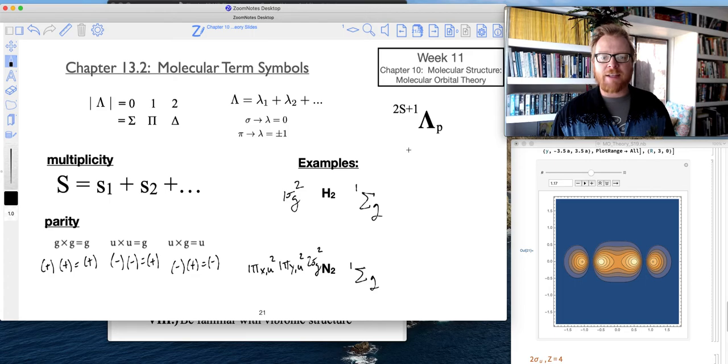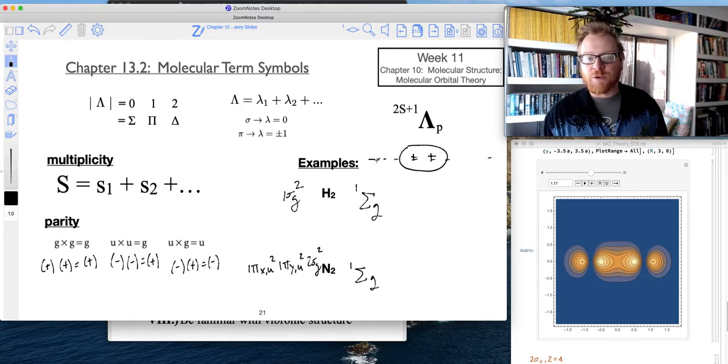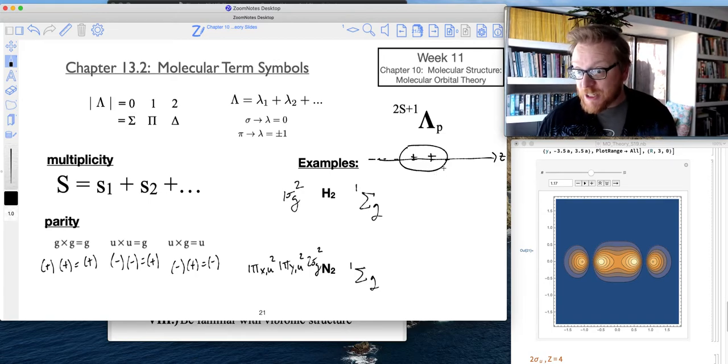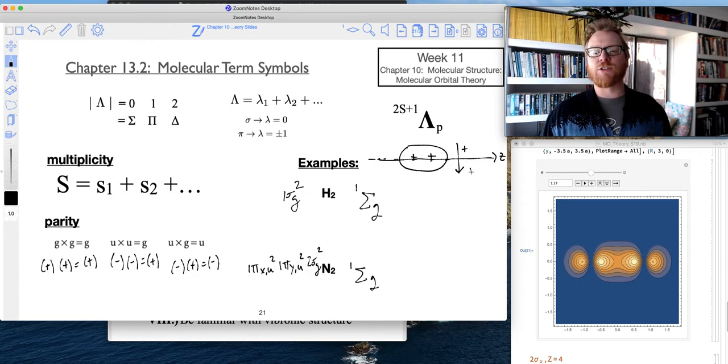So if I look at my sigma bond for H2, I'm going to just draw the sigma bond, which we know was created from 2 positive s orbitals. Here is my internuclear axis. My symmetry operation is the center of inversion that we talked about before. And when there's no change in that symmetry, so it's positive the whole way through, then we add an extra positive sign there.